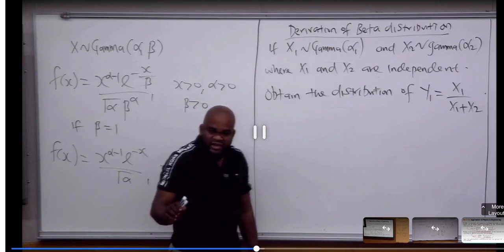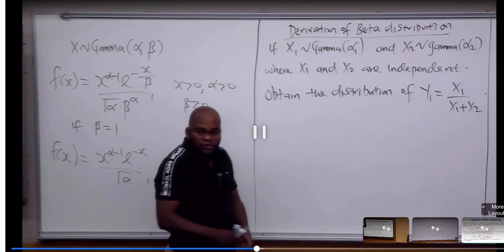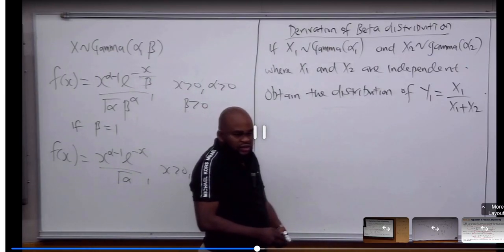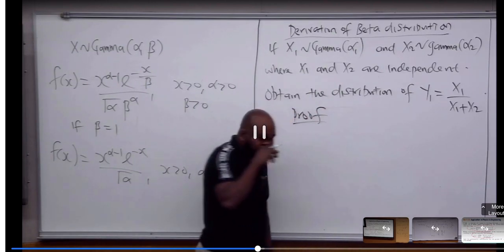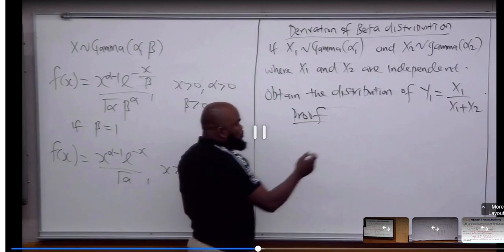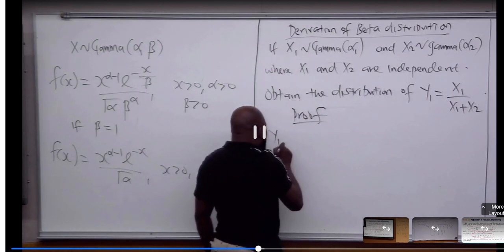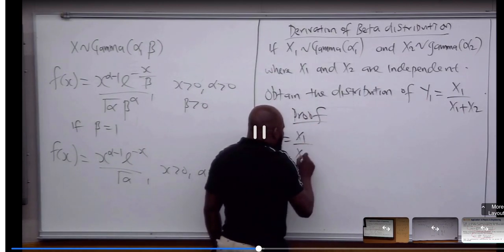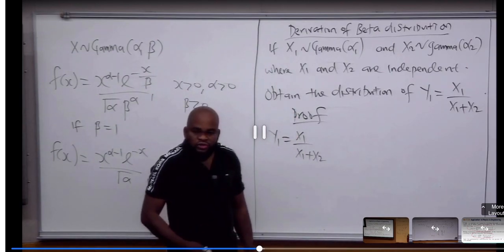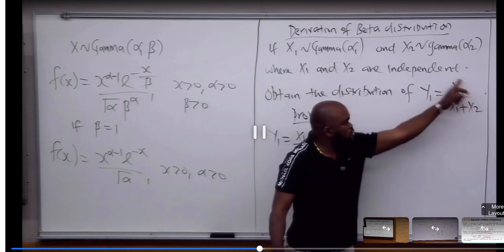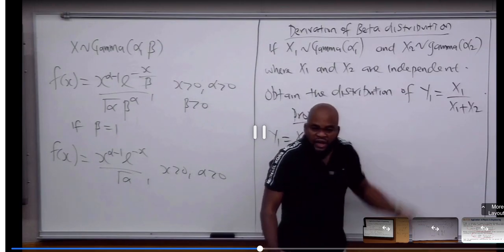I need you to focus on the board. If you don't understand, you ask a question. Now, I want to start the proof. Right now, we are given y1 equal x1 over x1 plus x2. But we cannot go from two variables to one variable.